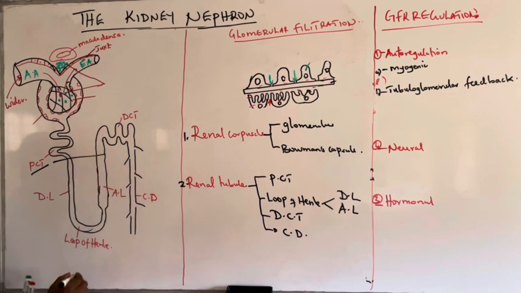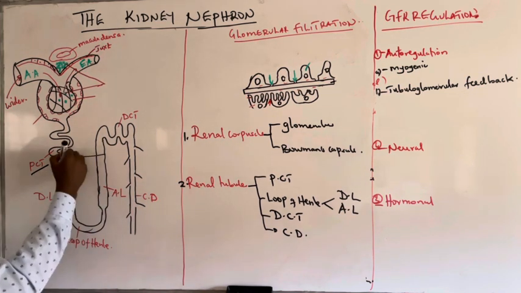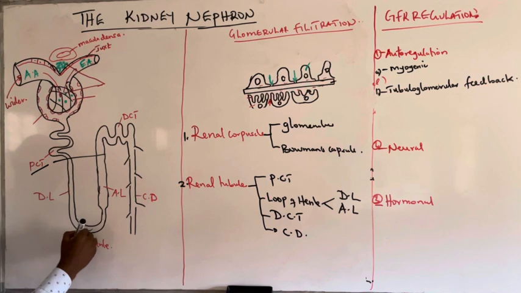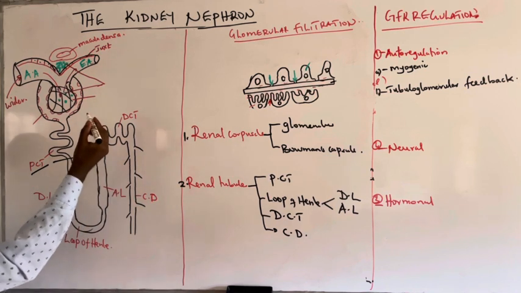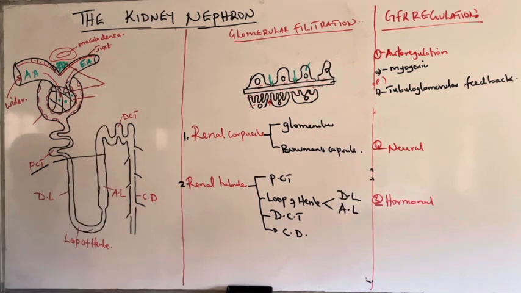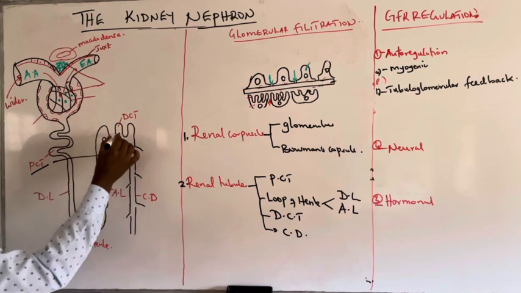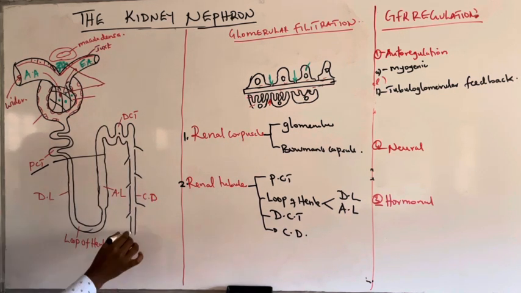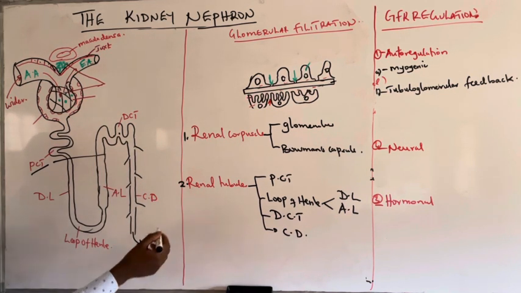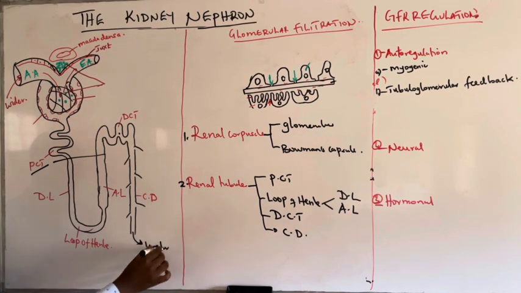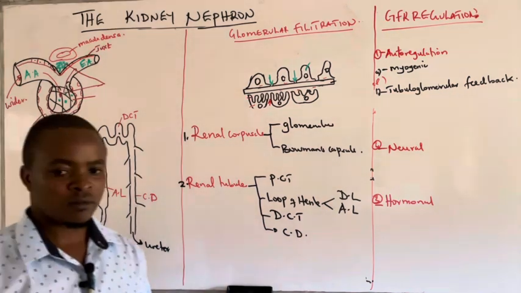And this loop of Henle, we have seen, is divided into the thin descending and thick ascending limb of loop of Henle, which now joins into the distal convoluted tubule and then to the collecting duct. And this collecting duct is the one that joins to the ureter.